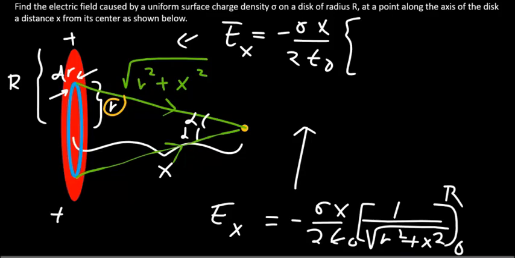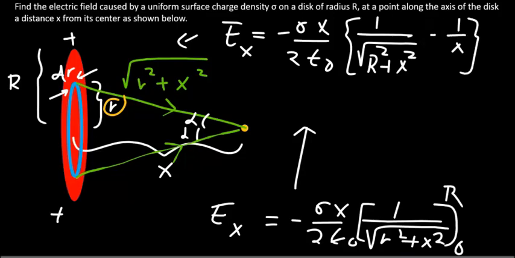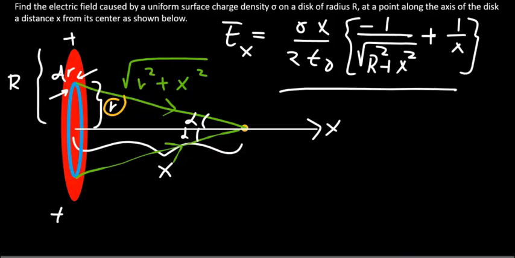Put in the upper limit for little r, you get 1 over the square root of the radius squared plus x squared minus 1 over x. Because the lower limit is 0, when you substitute 0 for the little r, you get that. We can bring the minus sign inside the bracket, and that would give you the following result.